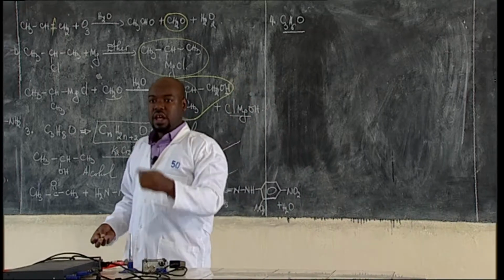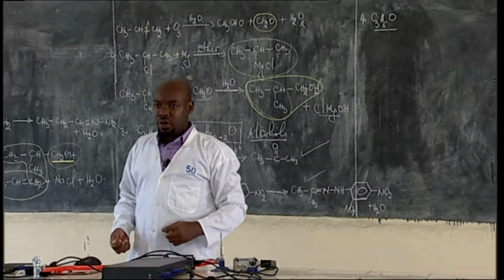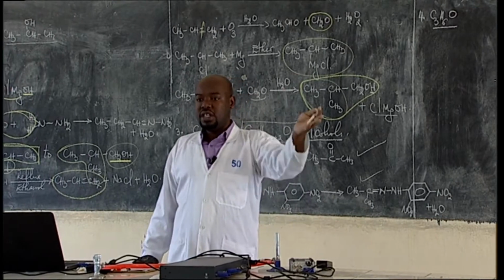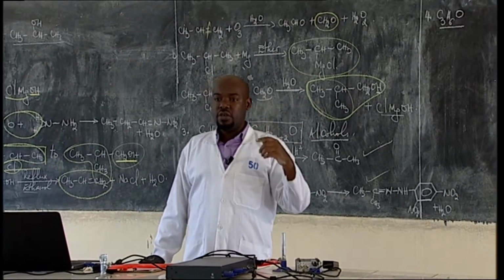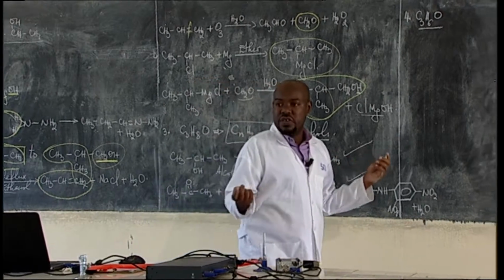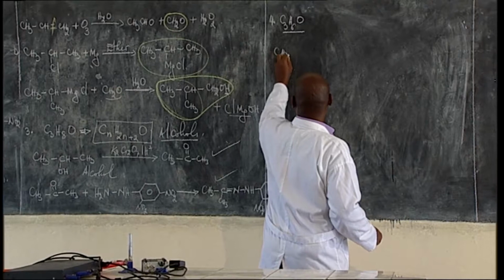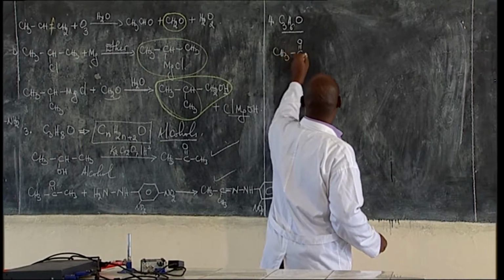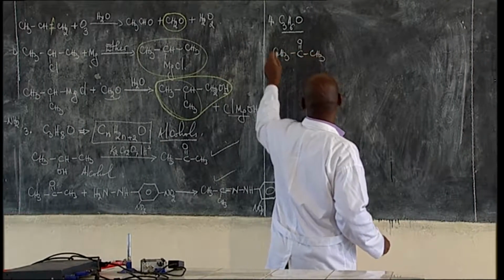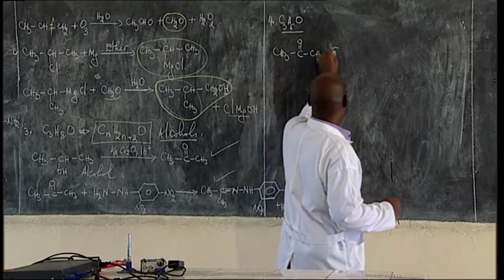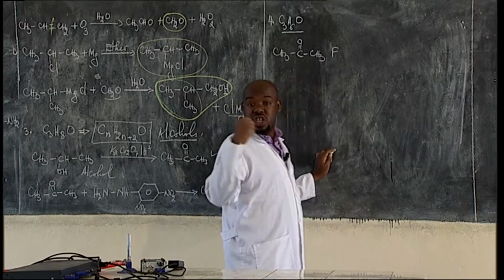Now, they are saying E is an alcohol. So if it is an alcohol, then it is the alcohol which contains a double bond. F is a ketone. For the ketone, it's very simple, and the aldehyde too. Why? Because the only ketone we can have which has 3 carbon atoms is this one, and that is F. And it is said G is an aldehyde.